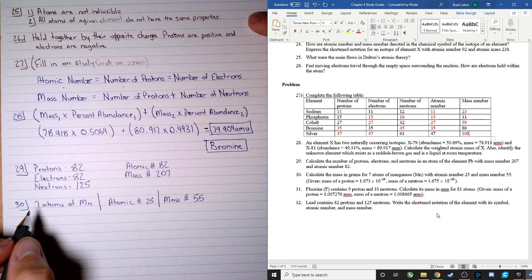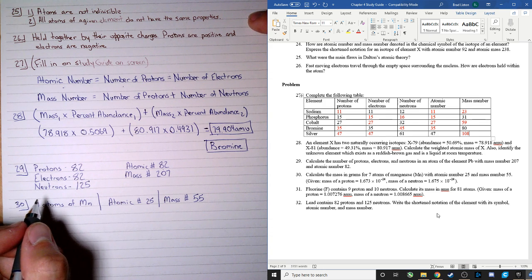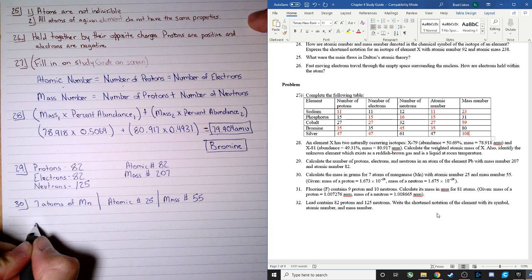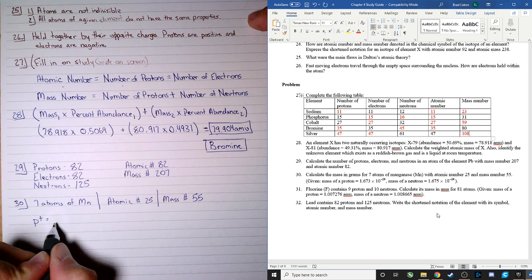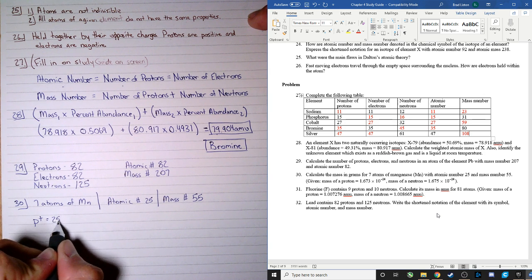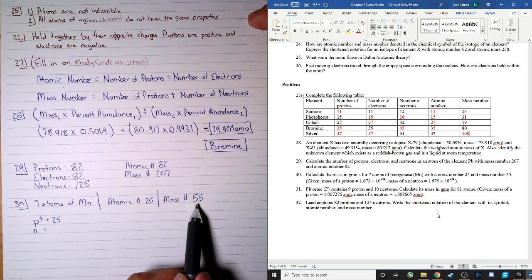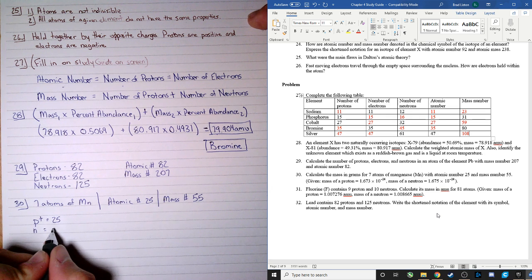All right. So the number of protons here, P plus is going to stand for protons, is 25. That's the atomic number. Number of neutrons is 55 minus 25. That is 30.